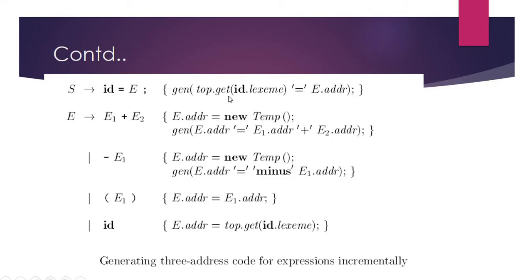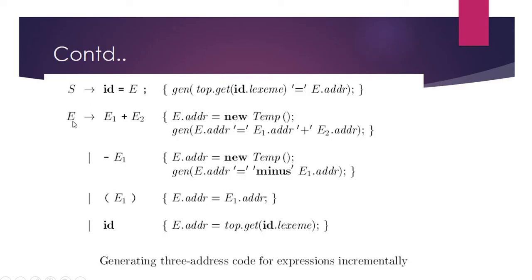So the ID details we have to access from here, and we are going to generate the 3 address code. So for generating the 3 address code, what are the statements needed here? What are the syntax directed translations needed here? That's what we are discussing here. So that is equal to E dot address. So in E, the expression value will be stored. To access it, we will use E dot address.